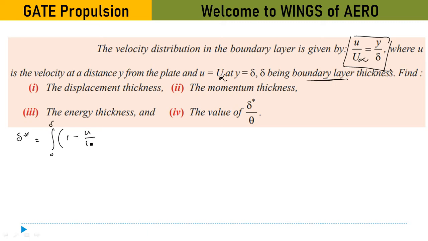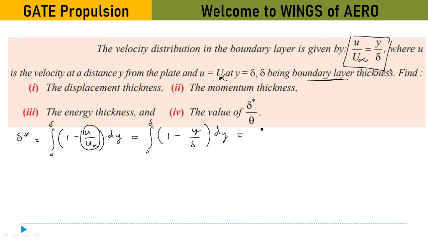Now what are you going to do? You're going to first integrate that value. If you integrate 0 to del, 1 of dy minus y by del of dy, and integrate further, what you get? y minus y square by 2 del, from 0 to del. Now apply the limits, first upper limit then lower limit.